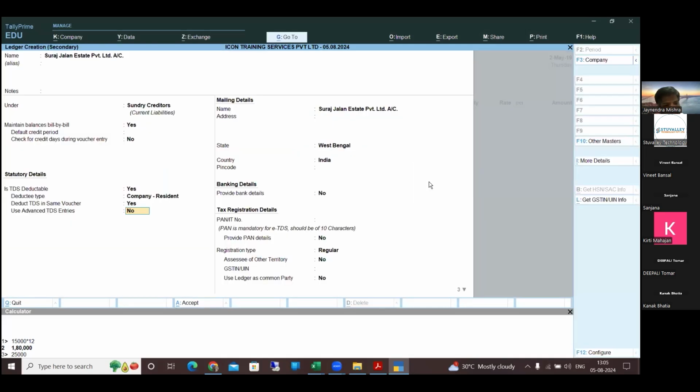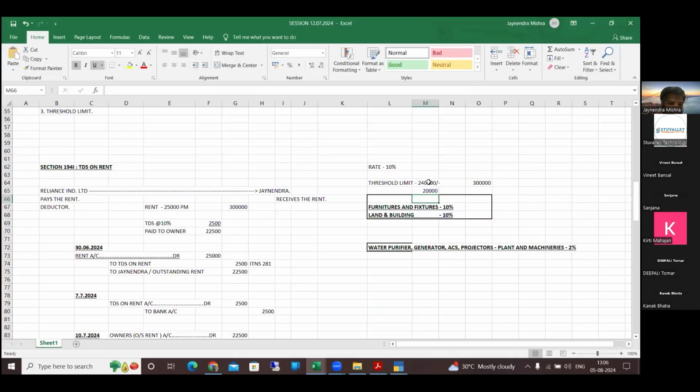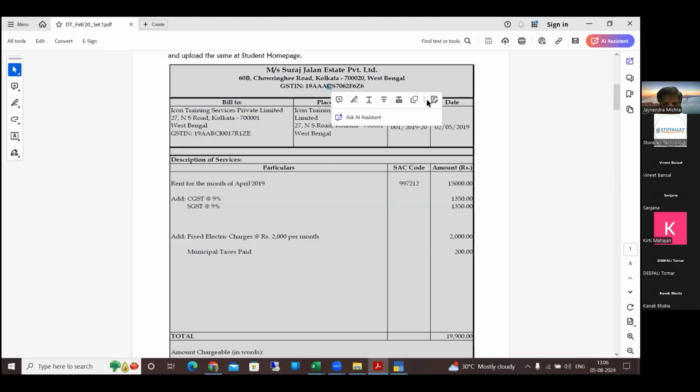Then use advanced TDS entry, not required, friends. Address of Suraj Jalan.